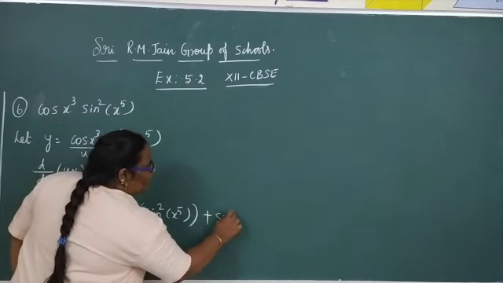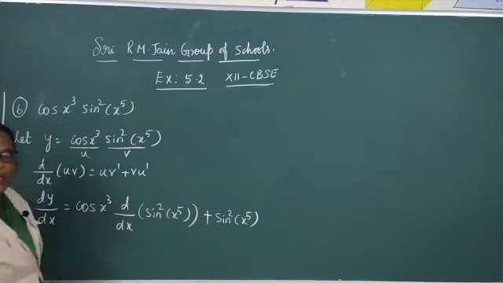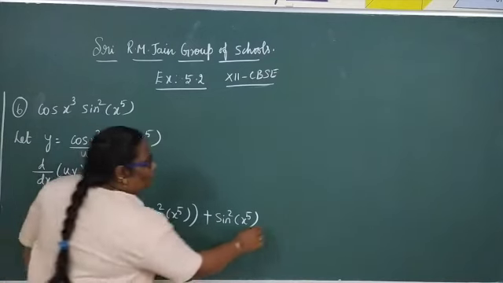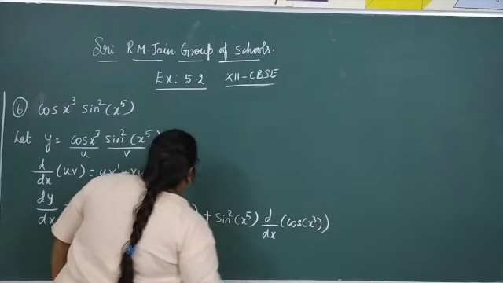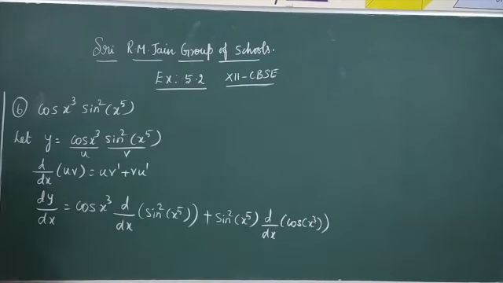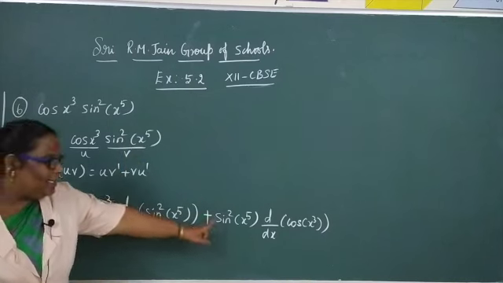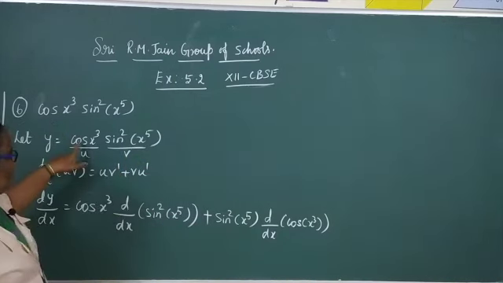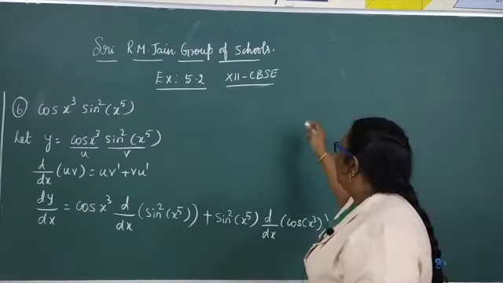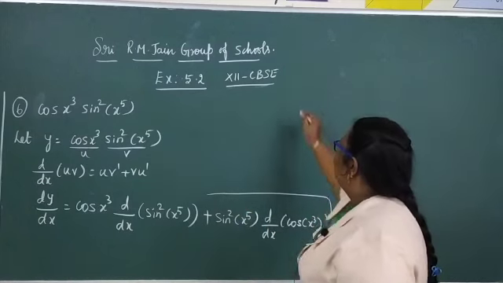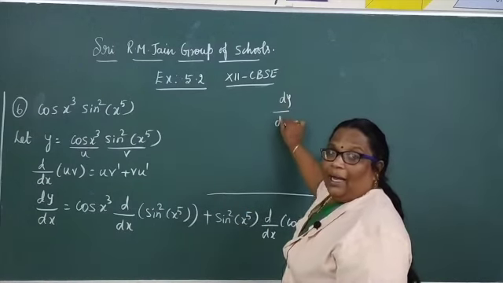Sin square x power 5 into d by dx of cos x cube. See here, u is cos x cube, d by dx of, that is v dash, sin square x power 5, plus v as it is, sin square x power 5, plus d by dx of cos x cube.